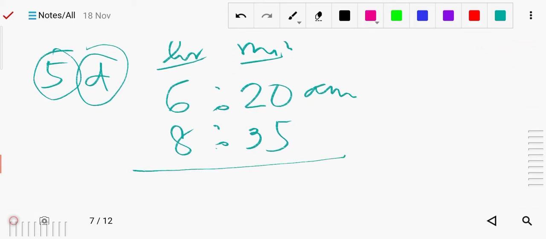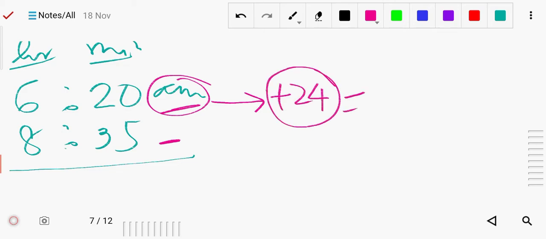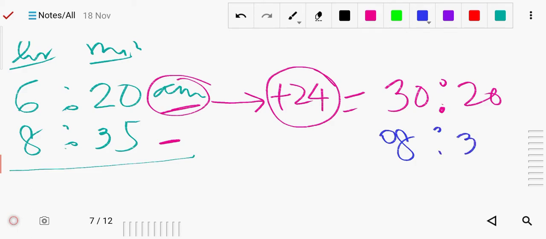Can we subtract these two? No, because here it is AM and no unit is there, so we will change it. Here it is AM, so we will add 24. When you add 24, it will be 30:20. Here you can write 08:35.